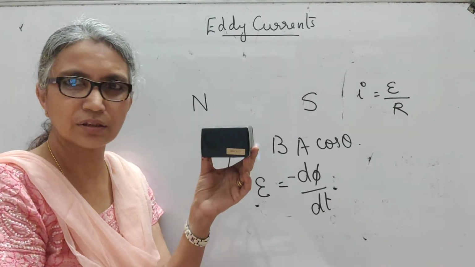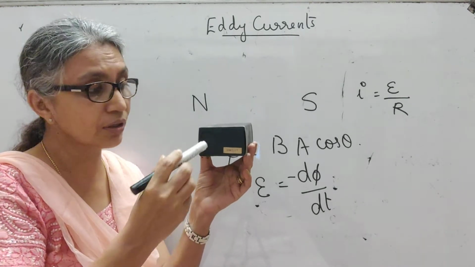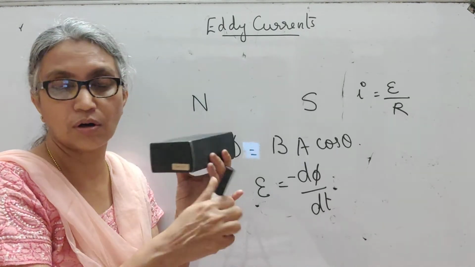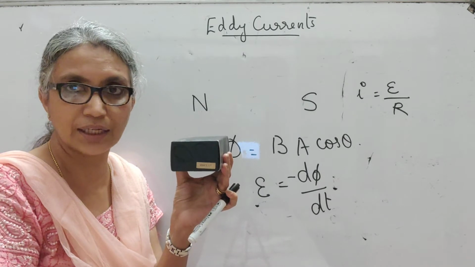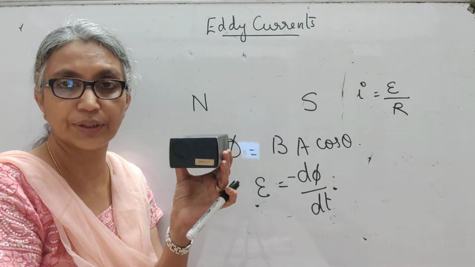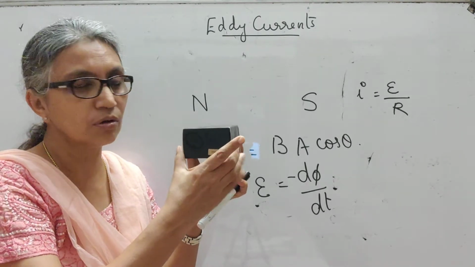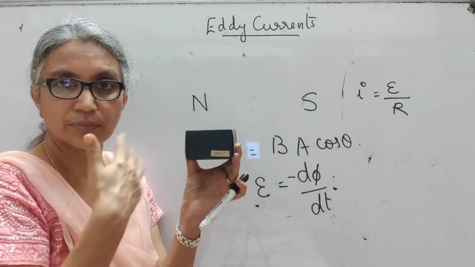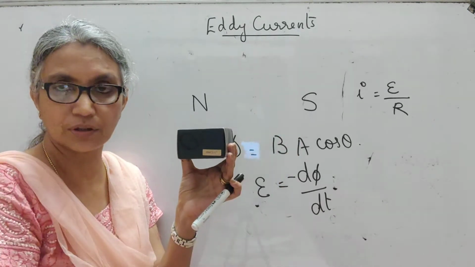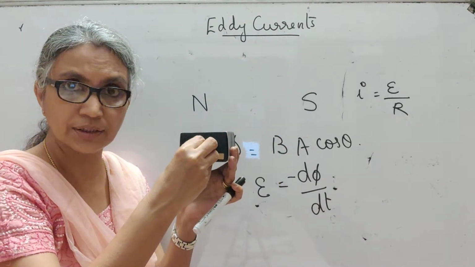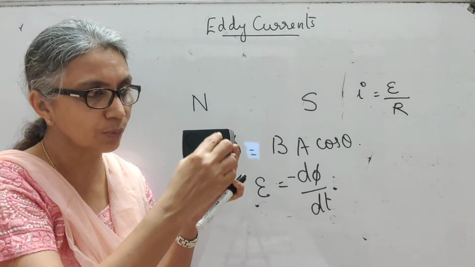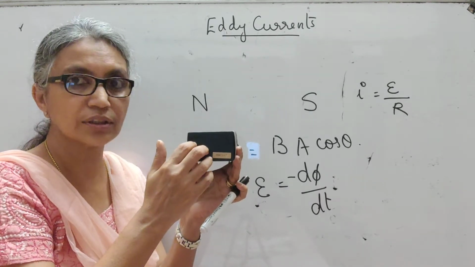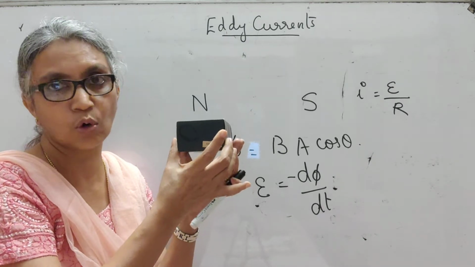Eddy currents are usually disadvantageous simply because these bulk pieces of metal become the core of devices like the transformer and AC generator, which I will be teaching you in this chapter. When they form the core of these devices, the core is subjected to changing magnetic fields, because of which there will be a change in flux and induced loops of current set up in this metal piece, and this induced current will heat up the core.